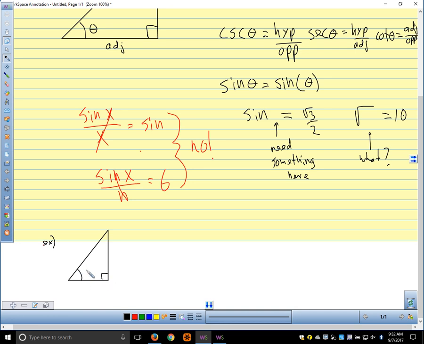And here's my theta, and this is 15, and this is 8.